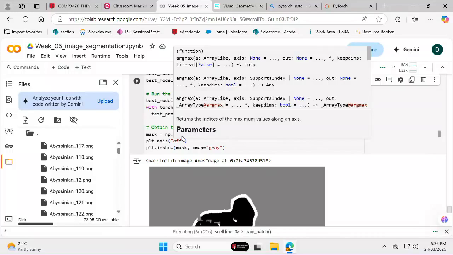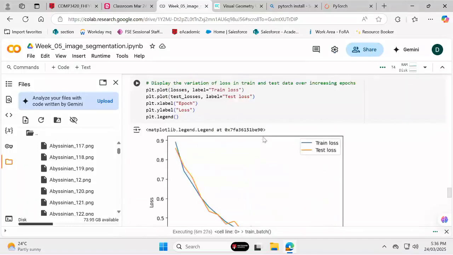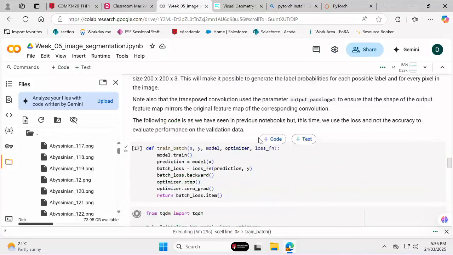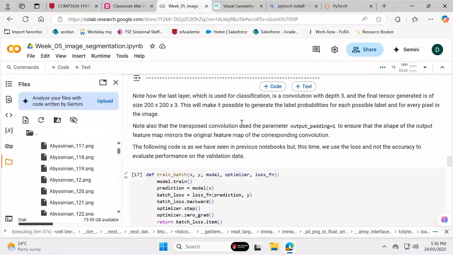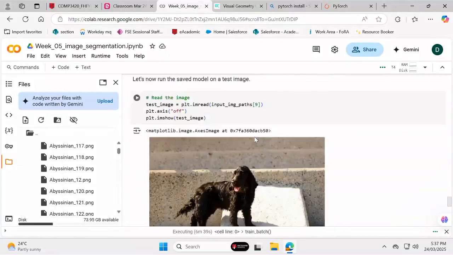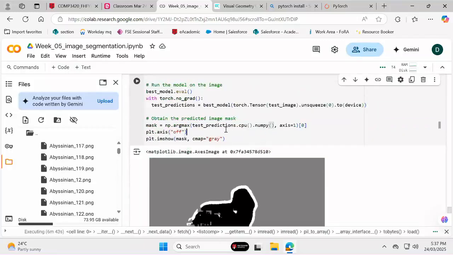Yes, of course. Across all the channels. There are 3 channels, one for each level, so the maximum from there. And then get the first one because it's a batch.